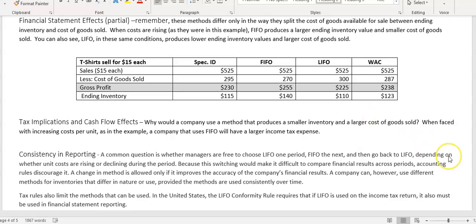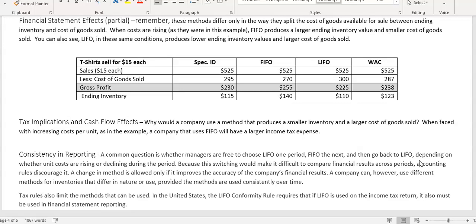Now let's talk about consistency in reporting. A common question is whether managers are free to choose LIFO one period, FIFO the next, and then go back to LIFO depending on whether unit costs are rising or falling during that period.